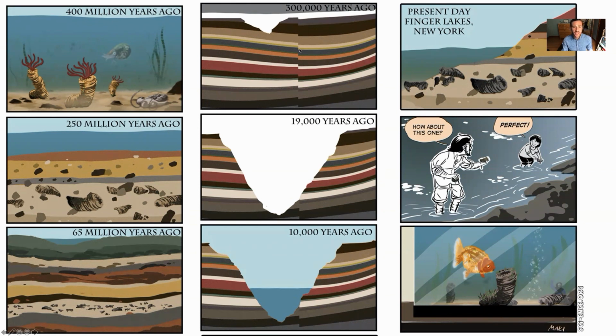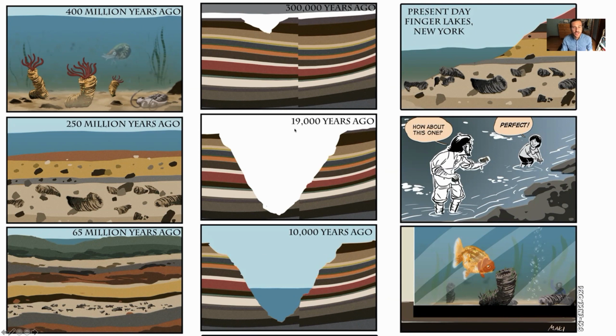After 100 million years, geologic tectonic plates and the movement of these continental plates changed where these ancient seas existed, and we have sedimentation over time. 65 million years ago, we have the last remnants of the shallow ocean and all this sedimentation.